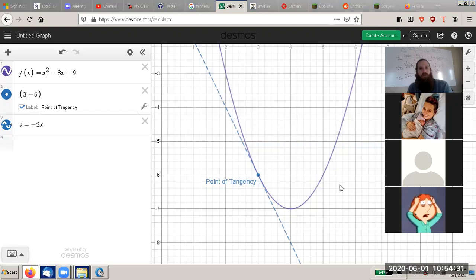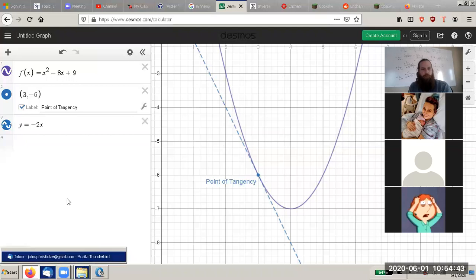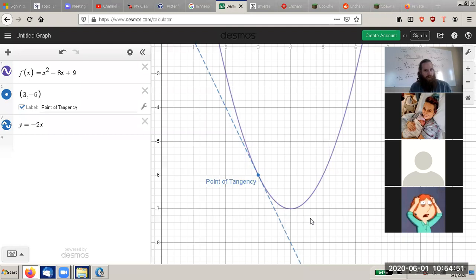So you may want to sketch this or take a little screenshot or something like that so that you can add it to your notes. It is nice to have the picture. We do have the picture from the previous one, but more examples never hurt. I saw a request in chat to go back to the step here where we're finding the slope. So I'll do that in just a second after you guys have a second to look at and interpret this.